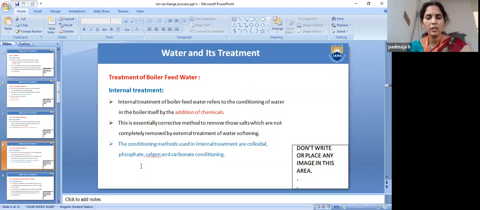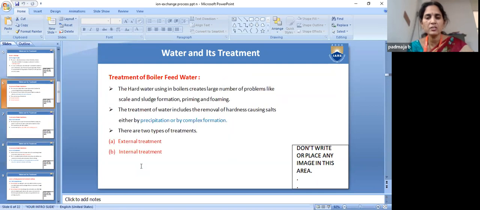When we use chemicals in water, either precipitation takes place or complex formation, that is, complex compound formation in the water. So the internal treatment of water works either by precipitation or by complex formation.